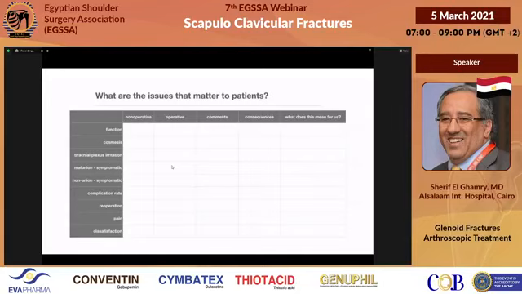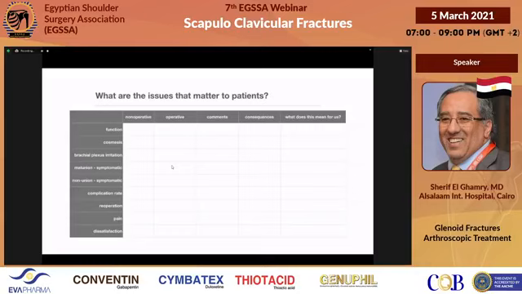In order to organize my thoughts, I created this matrix, this table, where things that matter to patients include the overall function of their shoulder girdle, how it looks, how it feels in terms of irritability of the brachial plexus, and whether it is malunited or non-united and symptomatic in both cases.